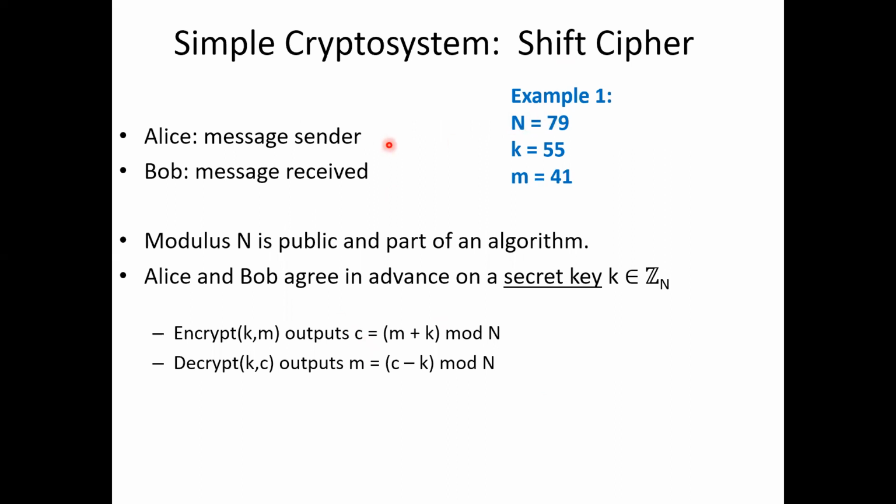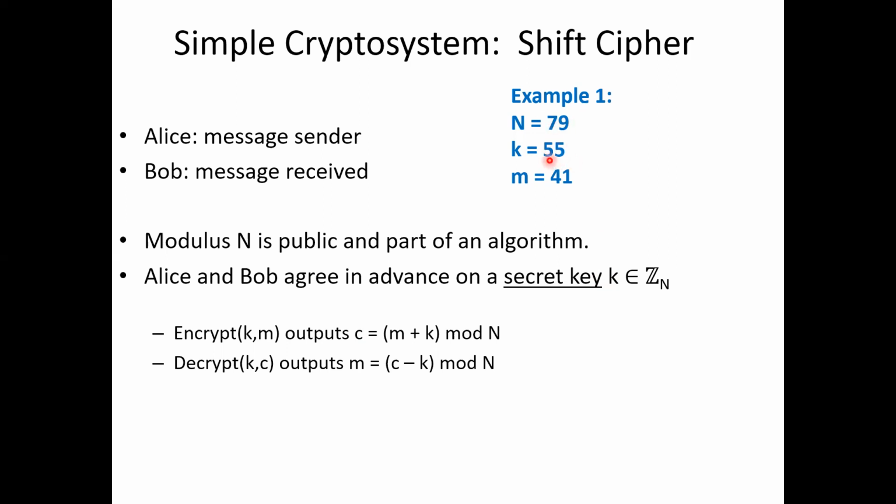For a shift cipher, we need to settle on the modulus. Let's say modulus is 79. A key is a random number in the modulus, in other words, in Z_n. So it's a number between 0 and 78.